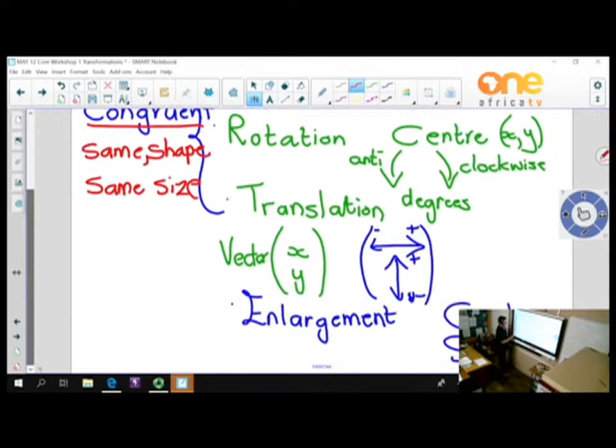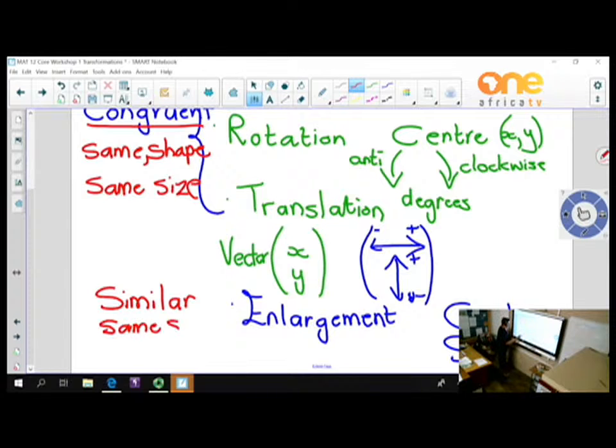And the enlargement is similar, because they are not equal in size, they are similar. And then we say same shape, different size. So this is what we need to know when we do transformations.